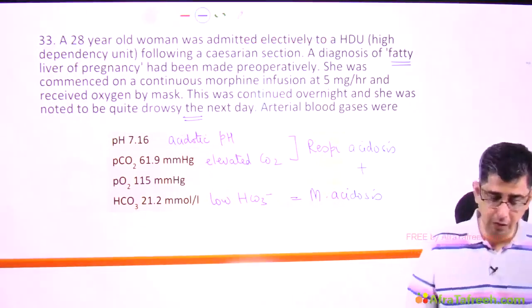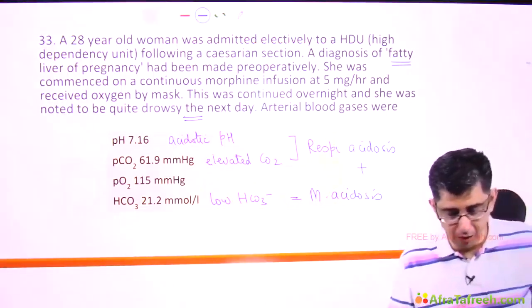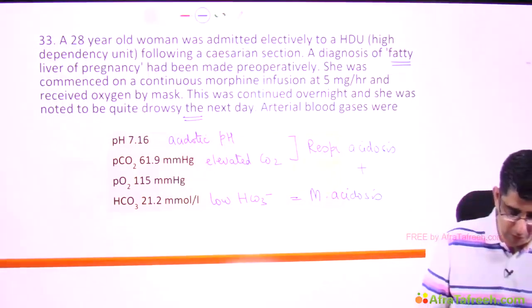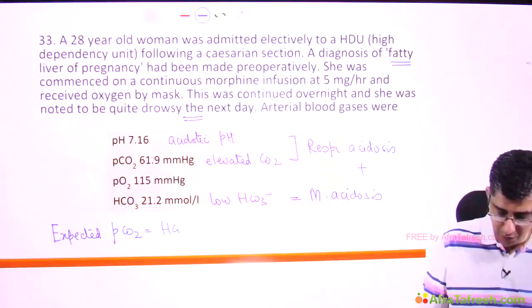Let me give you mathematical direction for it. In all cases suffering from metabolic acidosis, we can go like this. If the patient has metabolic acidosis, then the value of expected PCO2 of the patient should be the value of bicarbonate plus 15.